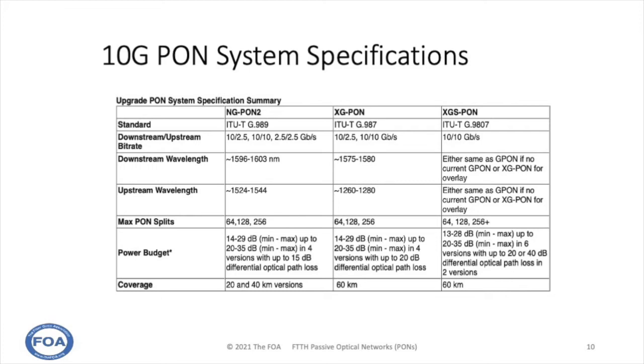The other really big advantage of the 10 gig GPON systems is they use slightly different wavelengths than the 1 gig GPON systems. What that means is you can take a system that's been operating, even for years, as a 1 gig GPON system, and you can add a 10 gig system on top.